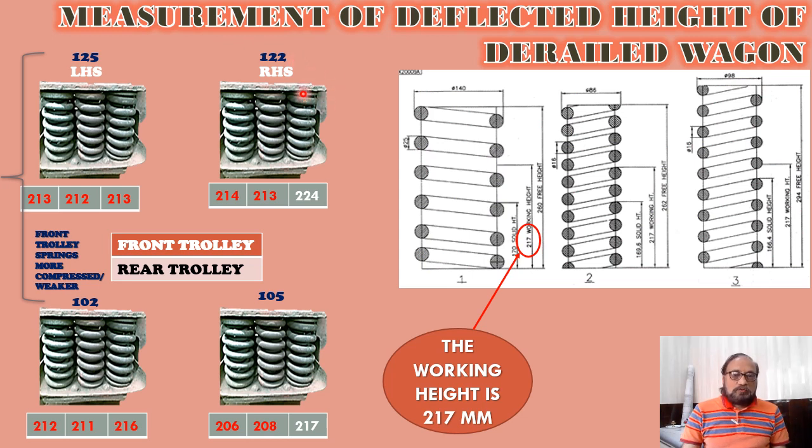That means the springs on these nests are more compressed than the ones on the rear, or we can say in other words, the springs on the rear trolley are stiffer than the springs on the front trolley, and except 2, all the other readings are out of range, less than the working height of 217 millimeter.